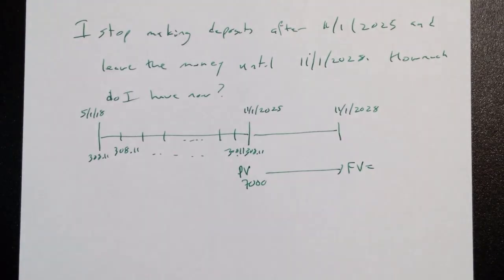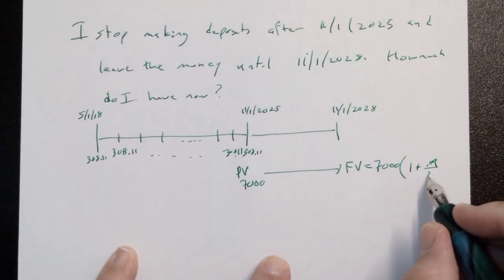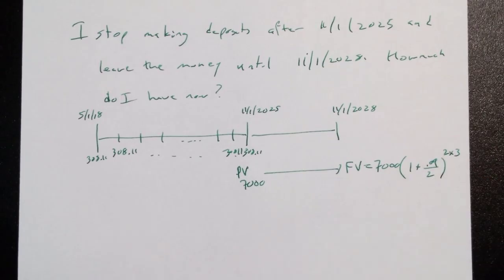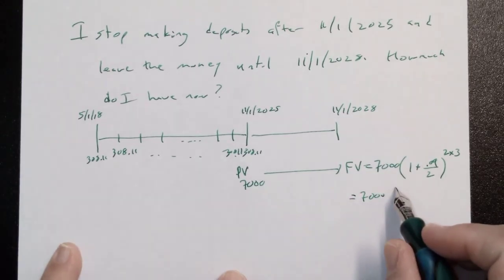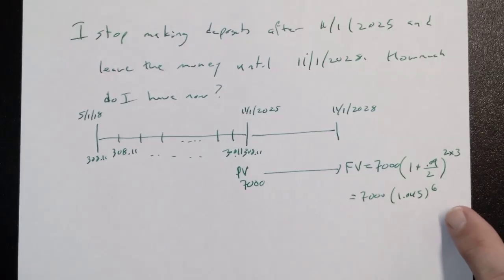What's the future value of $7,000? $7,000 times (1 plus 0.09 over 2) to the 2 times 3. 3 more years is 6 more compounds at 0.045 per period. Give me a number. To the 6th power?